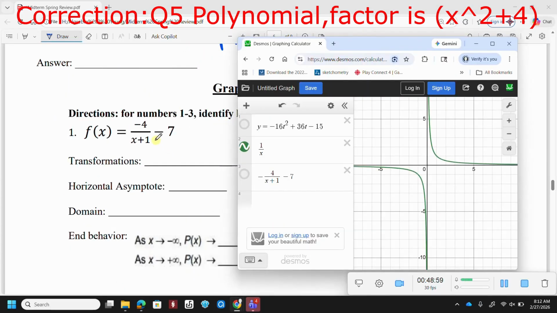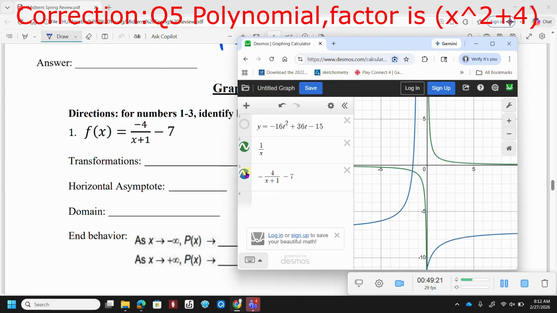Number one, you're going to have this function. First, you're going to graph it. So this is the graph. When they ask you for the transformations, you need to graph the parent. So this is the parent of the rational functions.